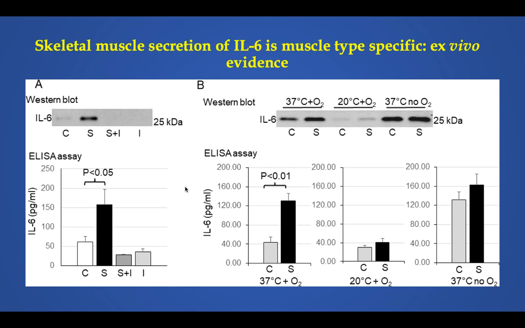This is an interesting study where scientists at the University of South Dakota were trying to figure out whether different kinds of muscle fibers release varying amounts of myokines. And they were looking specifically at interleukin 6, which is a well studied myokine known to regulate muscle metabolism.